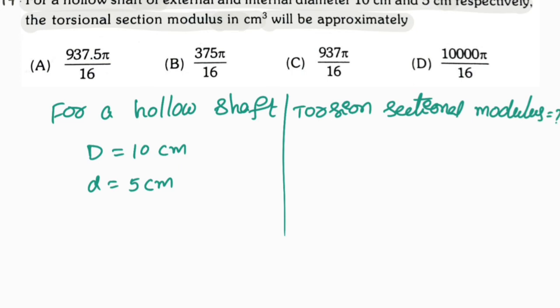How much? The torsion equation is T by J equal to G theta by L equal to tau by R. That is the torsion equation.